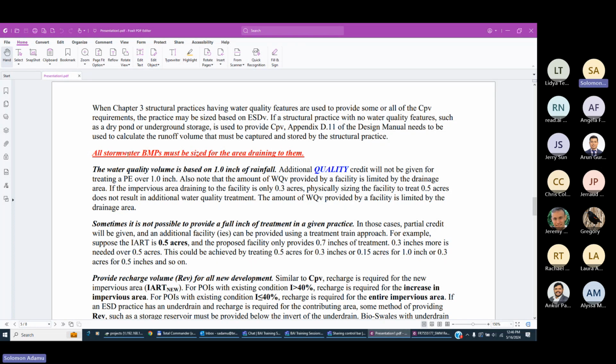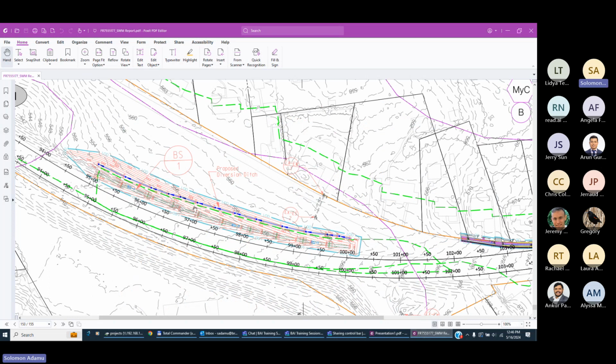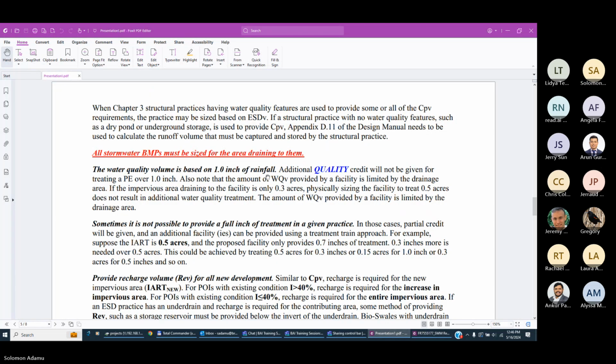If more impervious area is coming to that practice, we have to design it for the entire impervious area or the entire drainage area, unless we divert the excess away from it. That's what it means here.